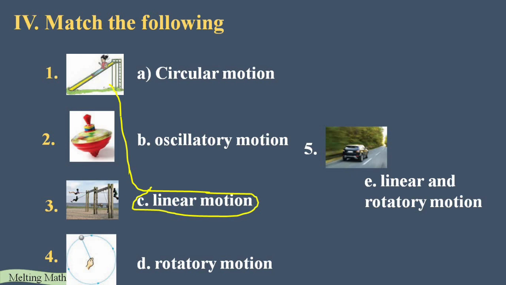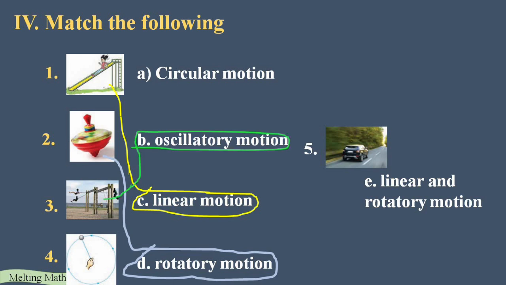Second is a rotating top. We already discussed it. A rotating top is always a rotatory motion. Option 3, some children are swinging on that wood. Swinging, we already discussed this also, is always an oscillatory motion. So the third one's answer is oscillatory motion. Fourth one, this also we already discussed.